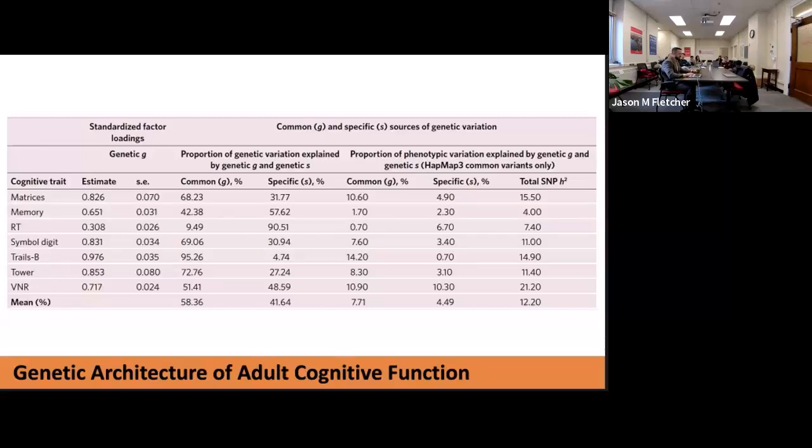This has important implications for genomic research, as univariate analysis, like standard univariate GWAS, of some of these individual traits, like TRAIL-B, will largely reveal results relevant to this general factor of cognitive function rather than to specific abilities.